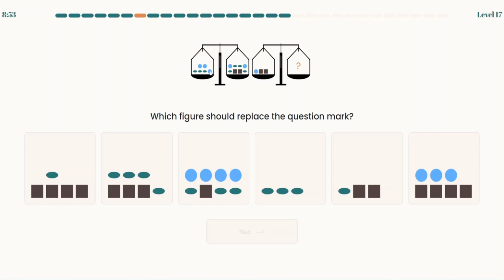So 1 circle equals 1 blue dot and 2 black squares. 1 circle equals 2 black dots and 2 black squares and 1 blue dot.